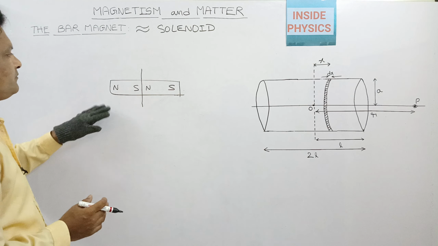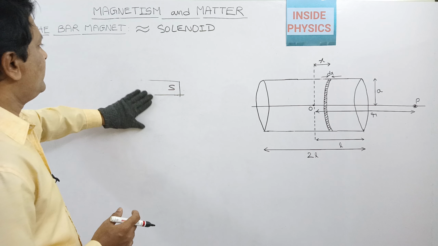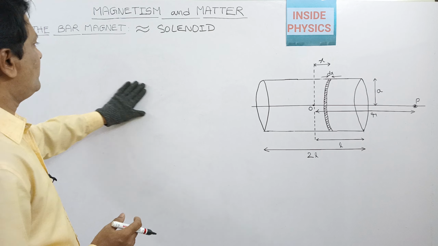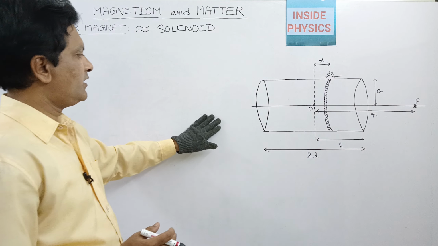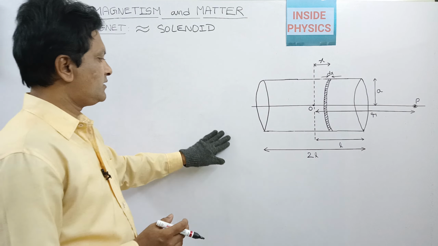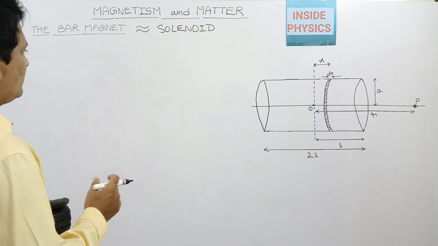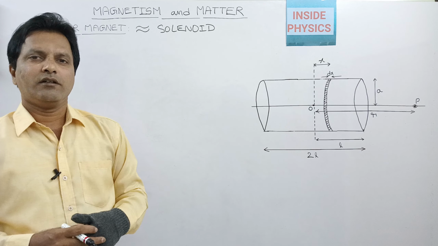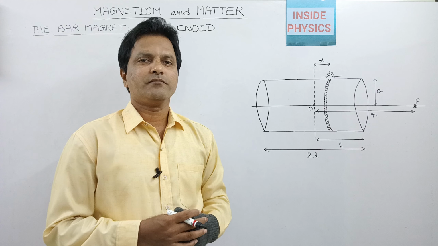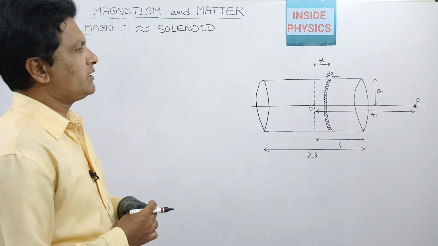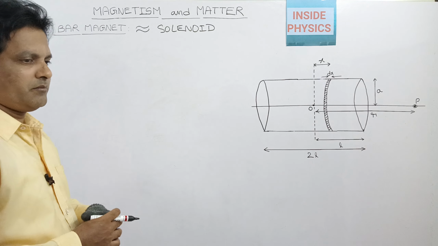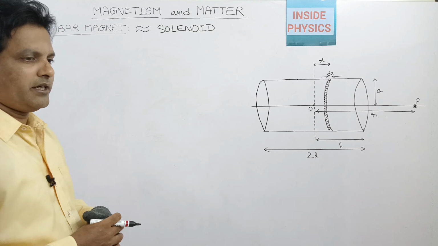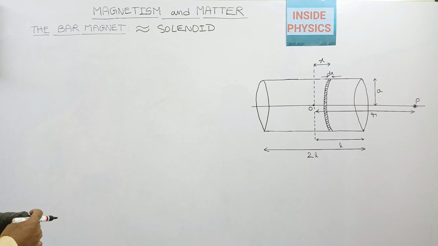Now we prove that the magnetic field on the axial line of a solenoid at far distances is equivalent to that of a bar magnet. We know magnetism by Ampere's theory: all the magnetic properties can be explained by current carrying loops, circulating current.